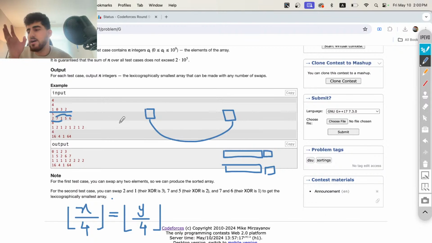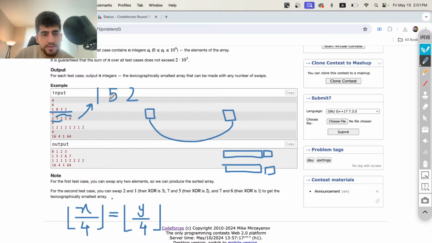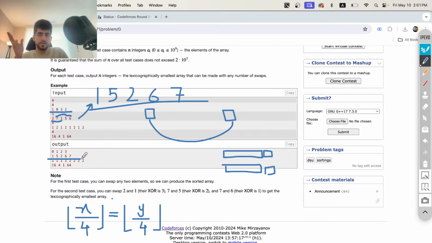So at the end, I will have several connected components, and it's enough to sort each connected component independently. For example, in this one, 1 and 2 should be in sorted order, and 5, 6 and 7 should be in sorted order as well. I just find the connected components and sort each one individually.